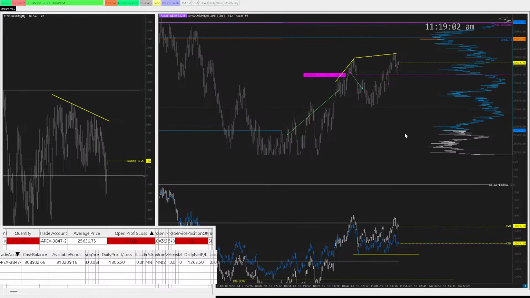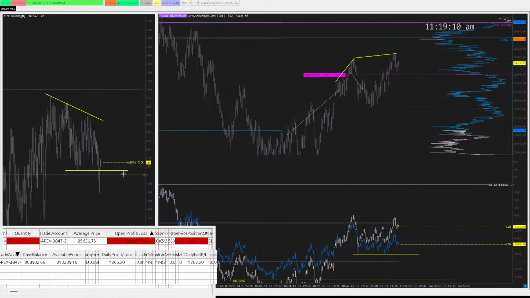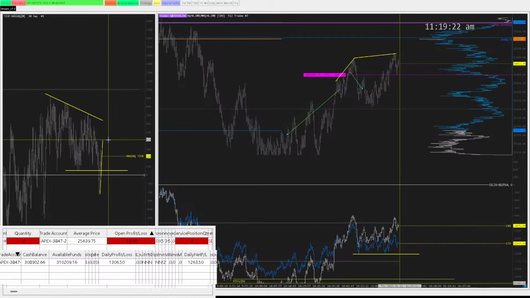Something of note too, and I didn't execute that well. If the tick breaks a low, like you've got this divergence forming and it breaks a low, you want to add on this kind of push up. I added too early.